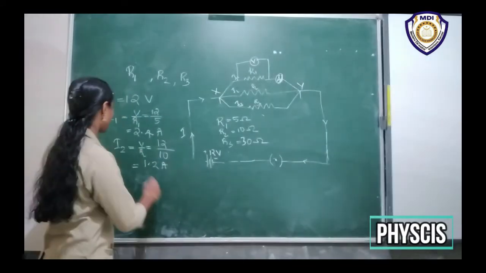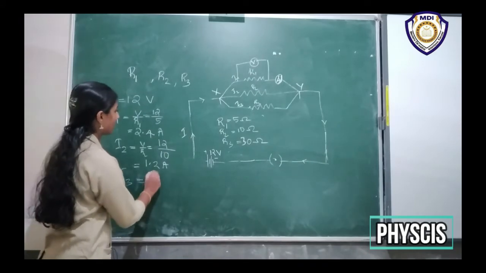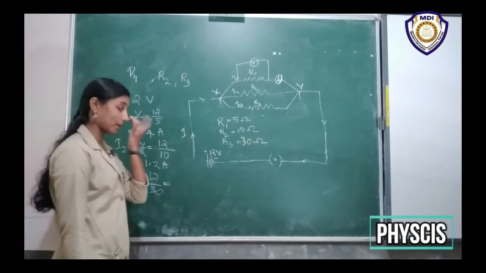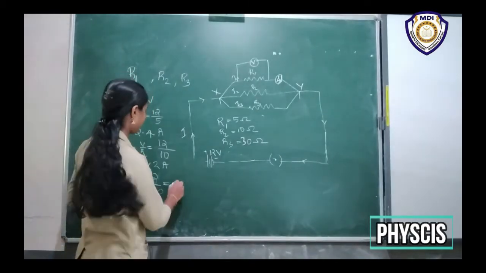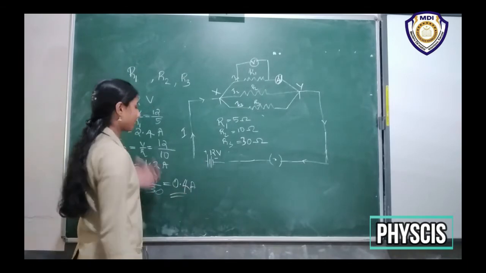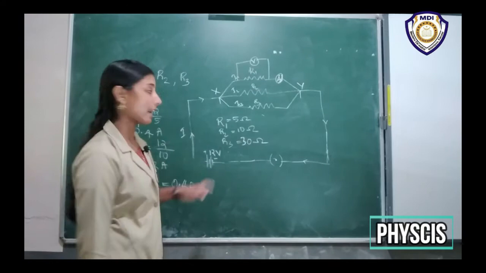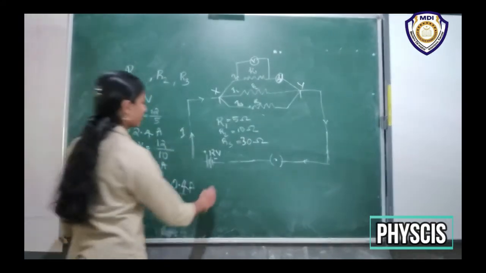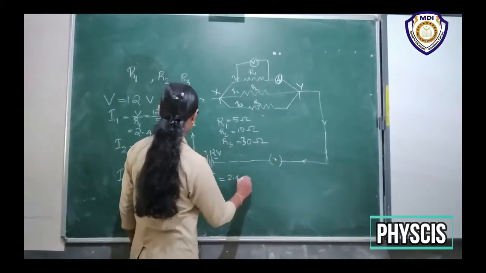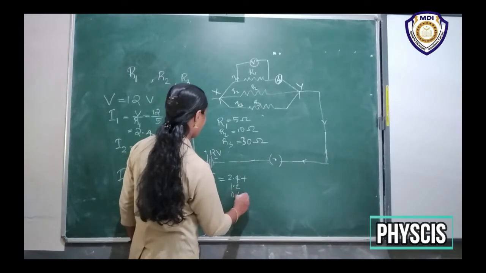So we get I2 is equal to 1.2 and I3 is equal to 12 by 30. So what is the value of 12 by 30? It is 0.4 ampere. Okay. So we get I1, I2 and I3, and the resultant current we can get by adding all these three. So the value of I is equal to 2.4 plus 1.2 plus 0.4.